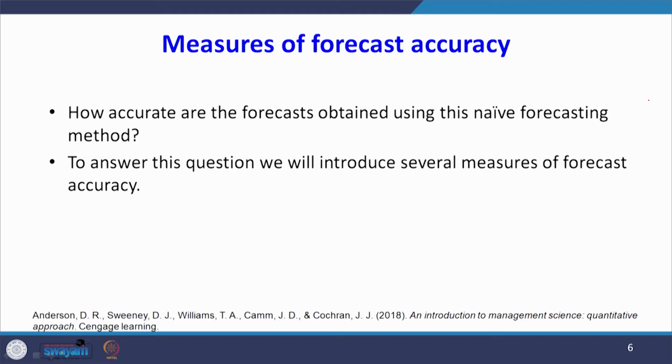Now, I am going to discuss measures of forecast accuracy. We have forecasted using the naive forecasting method. How accurate are the forecasts obtained using this method? To answer this question, we will introduce several measures of forecast accuracy.